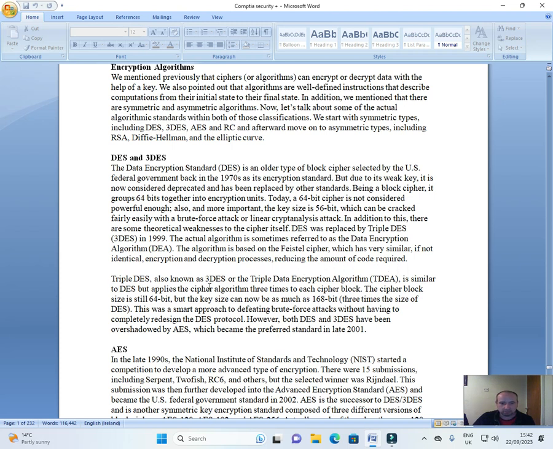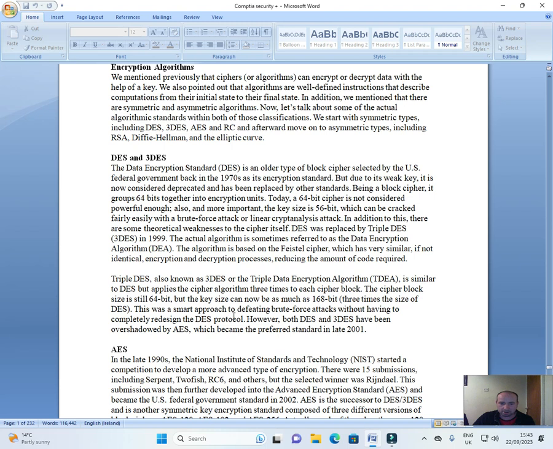Triple DES, also known as 3DES or Triple Data Encryption Algorithm, TDEA, is similar to DES but applies the cipher algorithm 3 times to each cipher block. The cipher block size is still 64-bit, but the key size can now be as much as 168-bit, 3 times the size of DES.